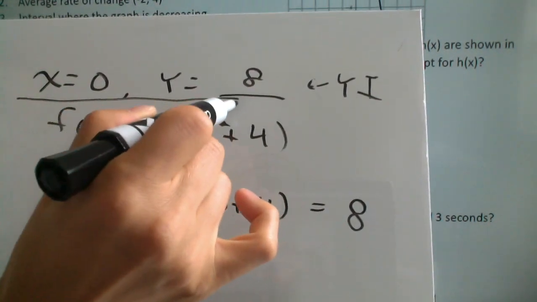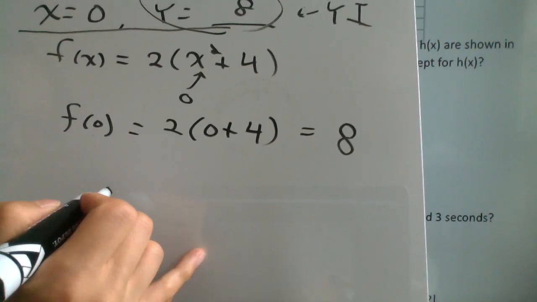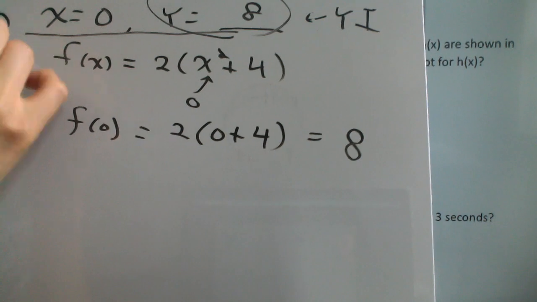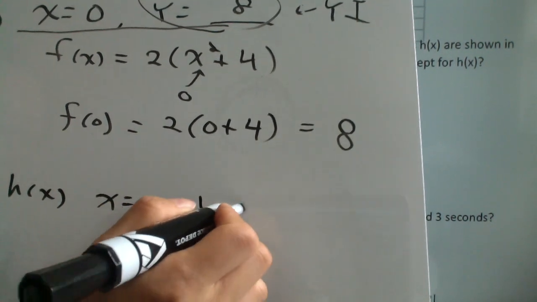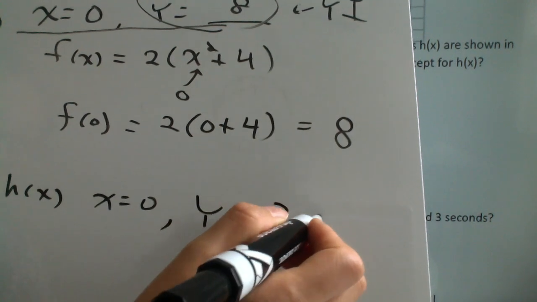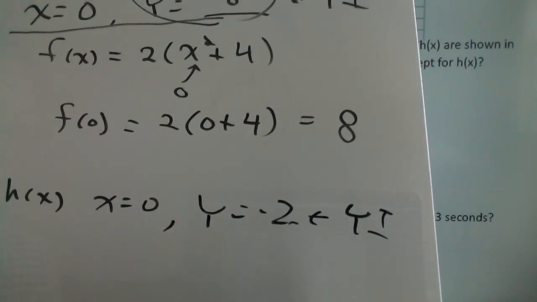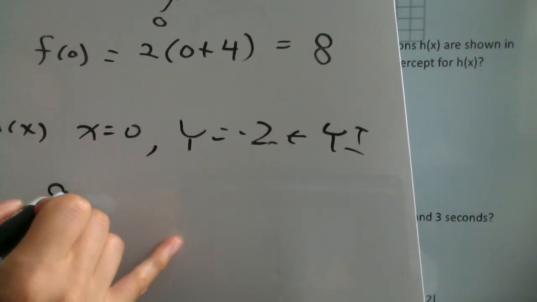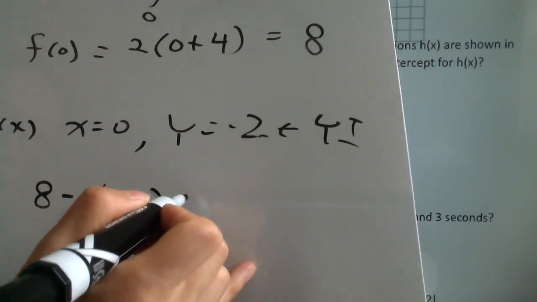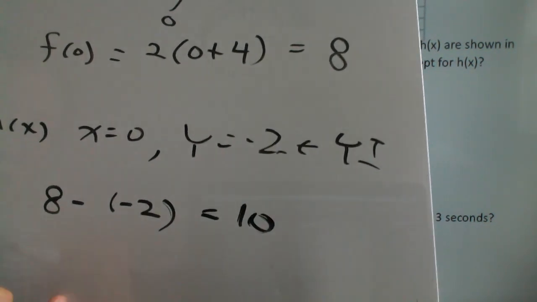It means f(x)'s y-intercept is 8 and h(x)'s y-intercept is -2.